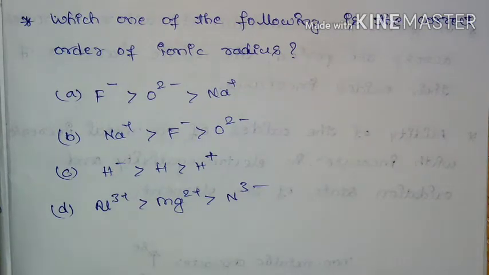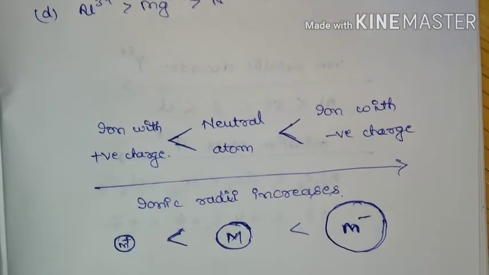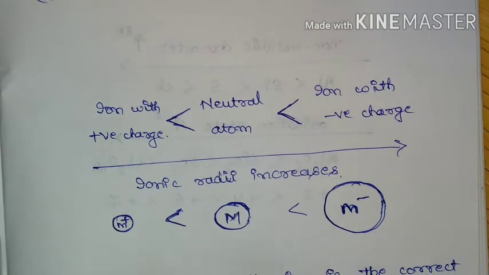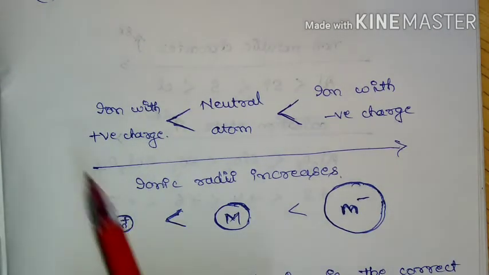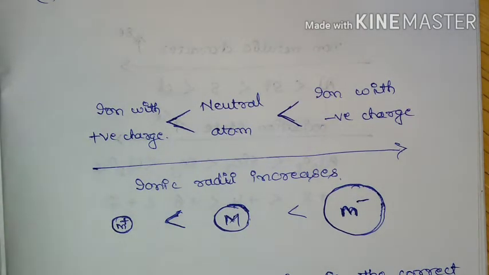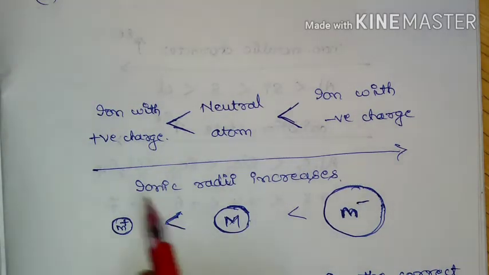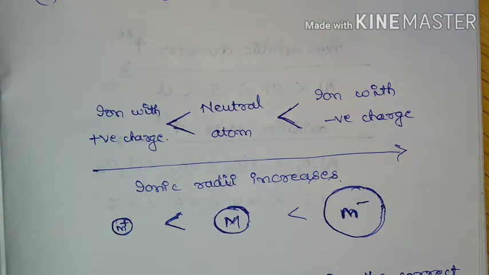So this is also a periodicity based problem related to ionic radius, and we know that ionic radius will increase in this series, that is, an ion with positive charge will have lesser ionic radius compared to the neutral atom, and the neutral atom will have lesser ionic radius compared to an ion with negative charge. Means ionic radius will increase in this fashion.